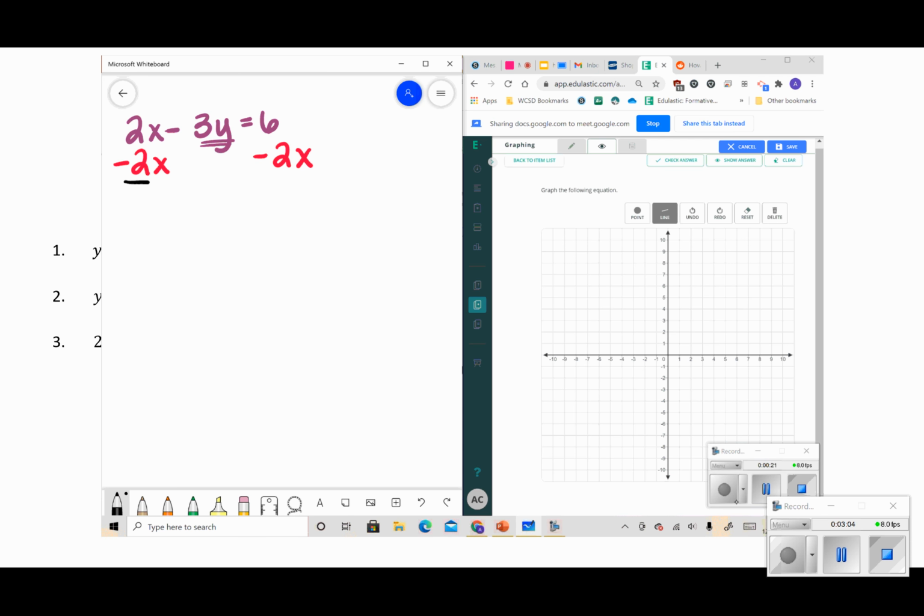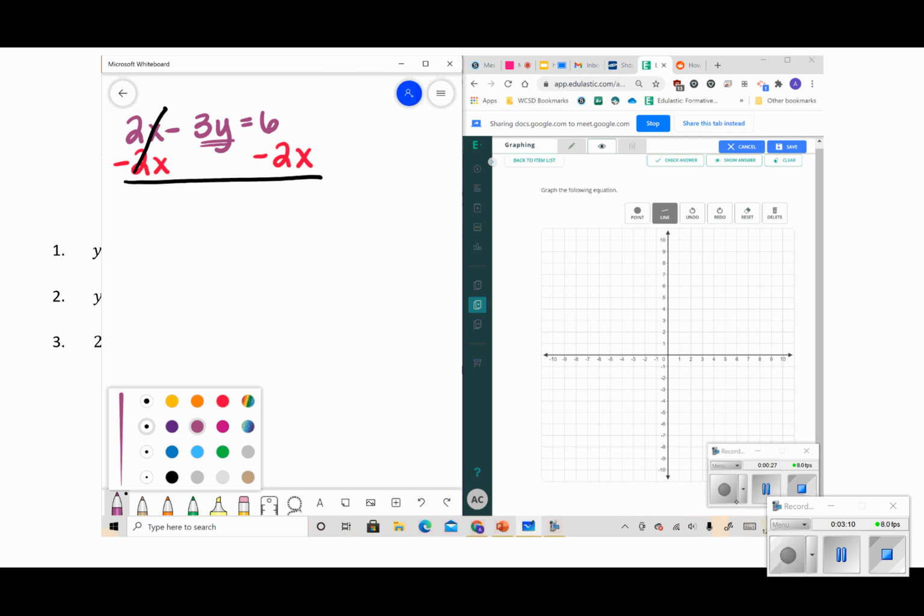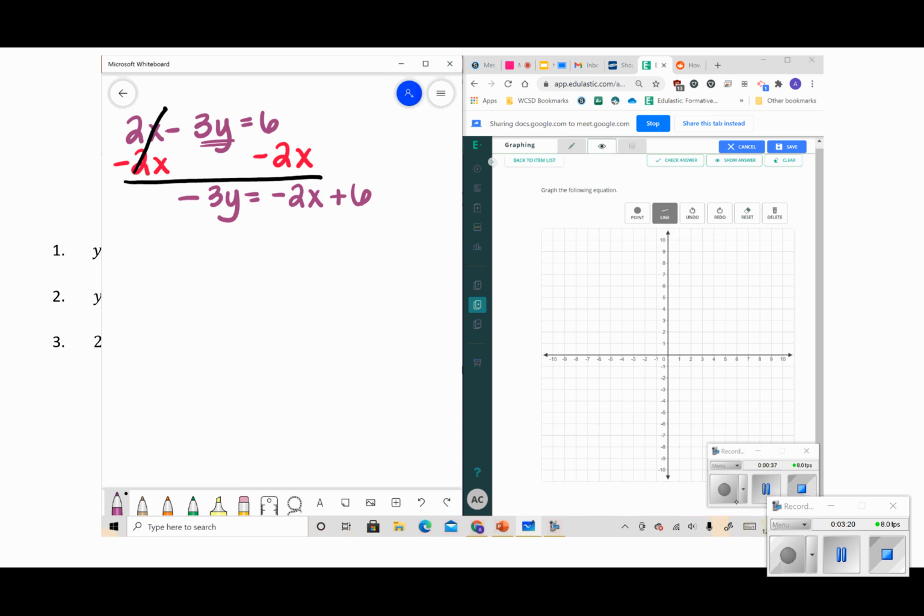When I do that, they cancel. Negative 3y comes down, the equal sign comes down. Now, no like terms over here. Put the x term first, and then the number by itself.